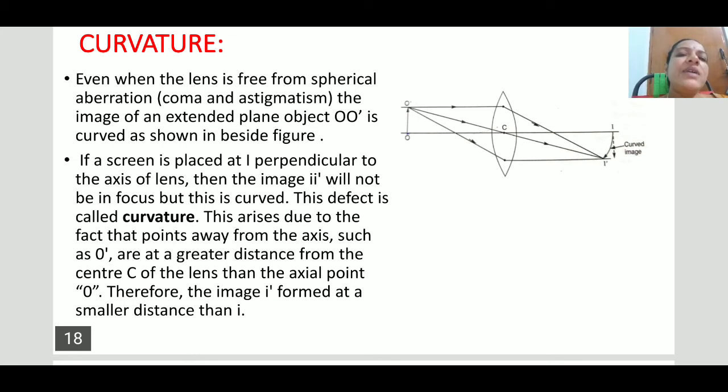In the name itself, curvature, we get the image in a curved shape. We have already discussed spherical aberration, coma and astigmatism.